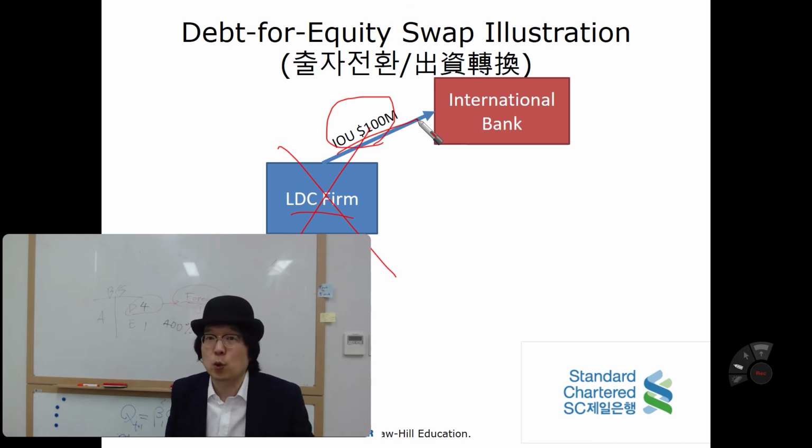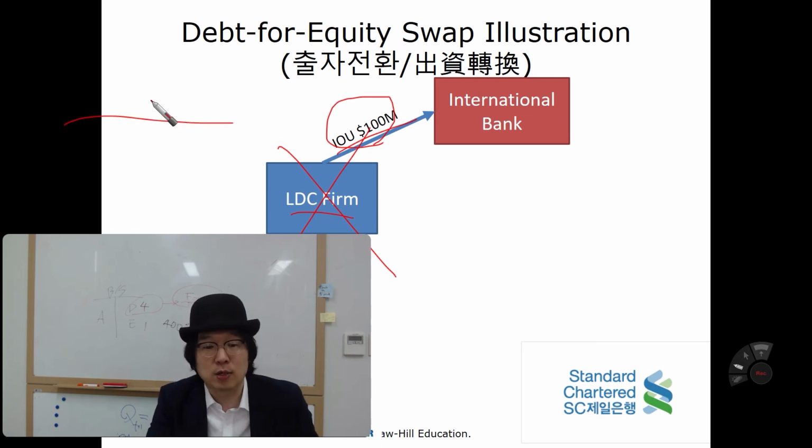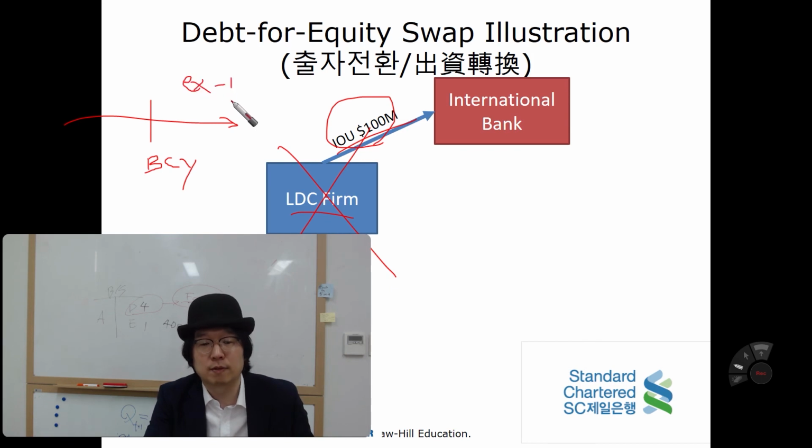That's why they declare bankruptcy in the first place. What's the choice ex post? I call it ex post. Here's a timeline, and here's the time point of declaring bankruptcy. Ex post is after the fact, once they declare bankruptcy.